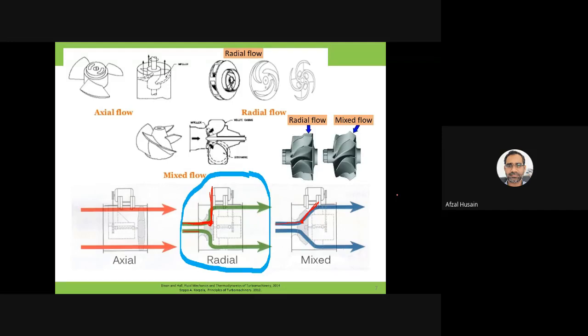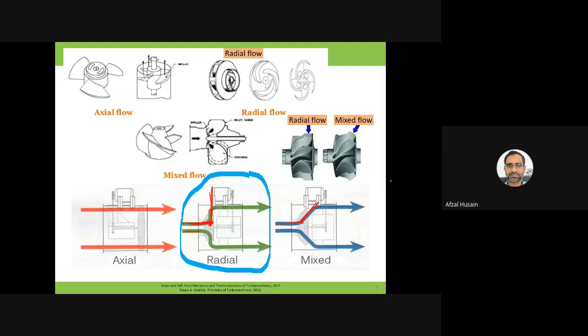Because when it moves, the centrifugal action is involved, and it will try to move the fluid outward from the center. But it is not completely throwing out the fluid in the radial direction. It is throwing out the fluid from the impeller at a certain angle between the radial direction and the axial direction. So we call it a mixed flow machine in this case.